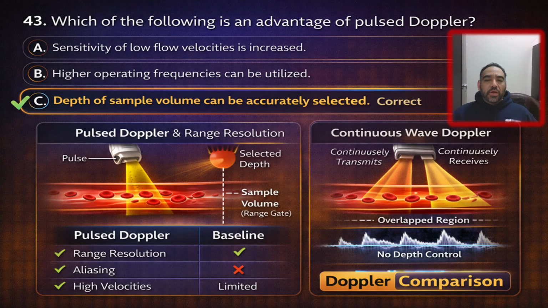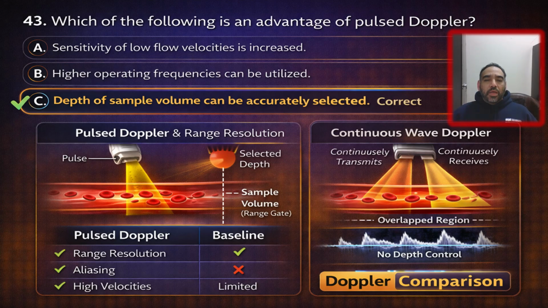So this is not a defining advantage. And then D is higher frequency shifts can be displayed without aliasing. This is actually an advantage of continuous wave Doppler. Pulse wave Doppler aliases at high velocities because of PRF limitations. Continuous wave does not alias. So this option describes continuous wave, not pulse wave.